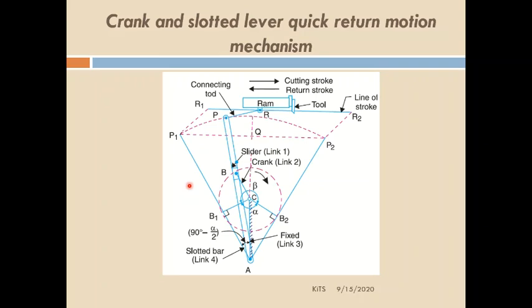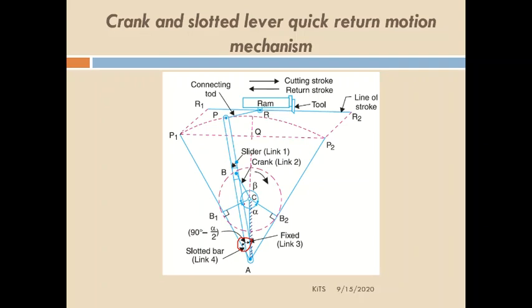Adjacent side by hypotenuse is cos theta. Opposite side by hypotenuse means sin theta. So we have taken this angle. This angle value is 90 minus alpha by 2.